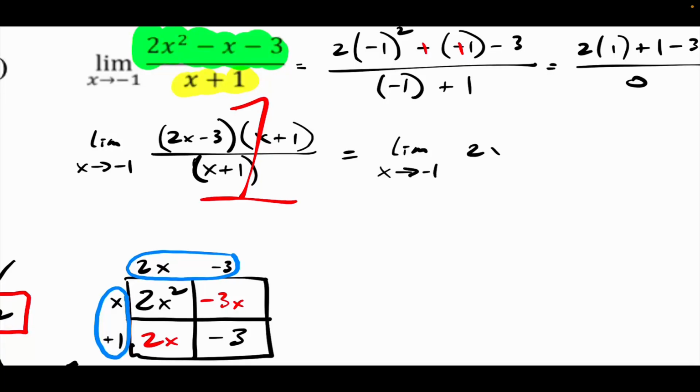Now it's just 2x minus 3. That's all that's left, because x plus 1 factored out. Canceled out, if you want to say. It's the same thing as canceling out. It's still technically there, but it's a 1 instead.